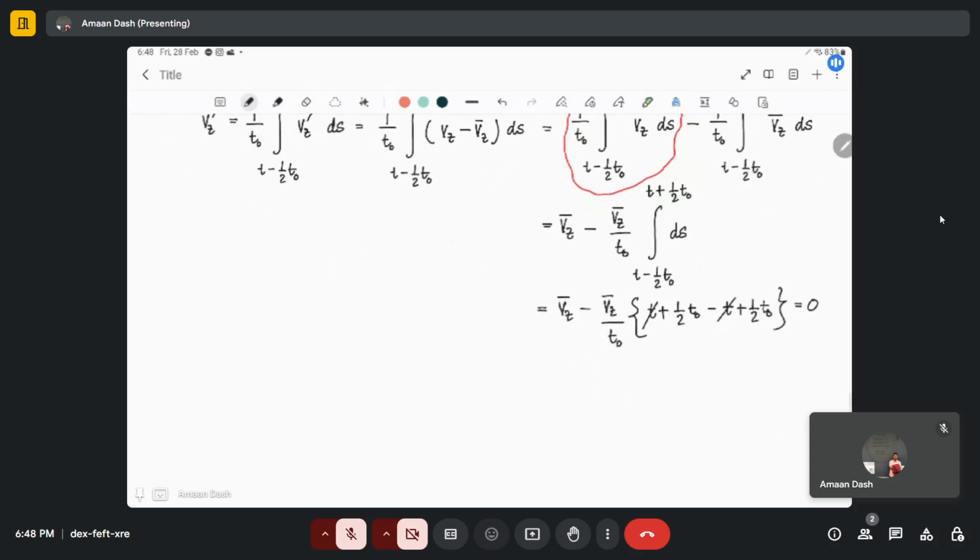So what we obtained is that Vz prime bar is equal to 0. That means the average value of the fluctuating component over this time frame is actually 0.